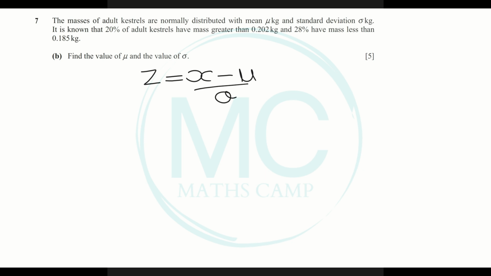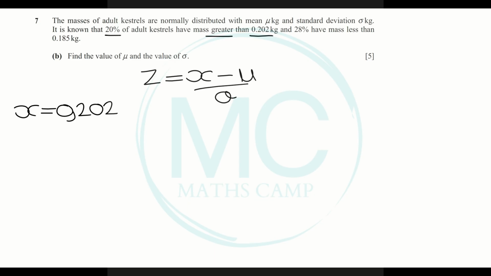So let's look at the information. The question says that it is known that 20% of adult kestrels have a mass greater than 0,202 kilograms. This is an X value. I'm going to say that X is equal to 0,202. 20% have a greater mass.